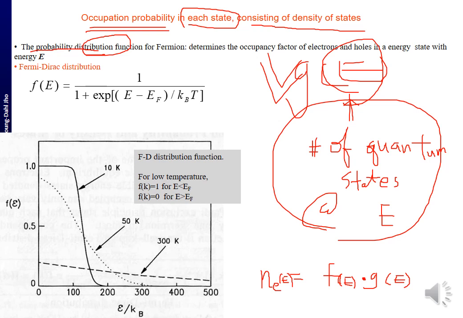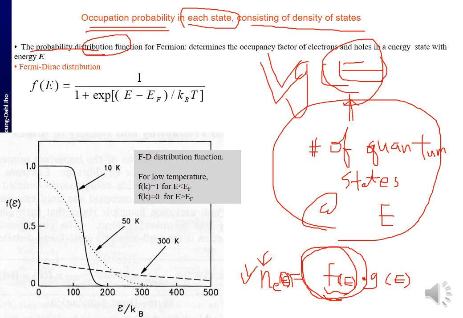So it should be formed like this. At a certain energy value, we can consider electron density, F multiplied by G. Okay. And that's why we also consider F, the probability to fill that energy state.